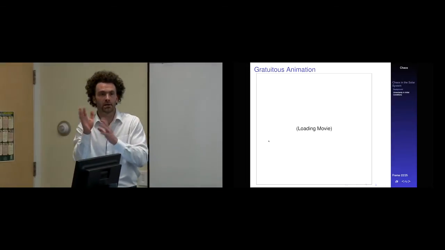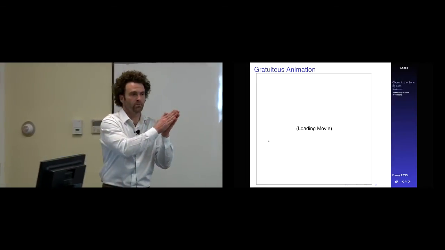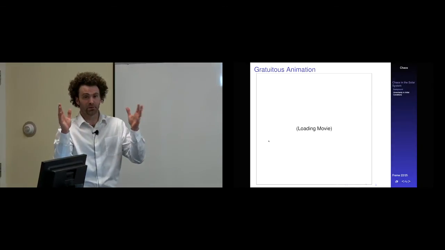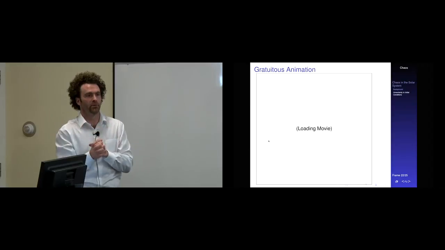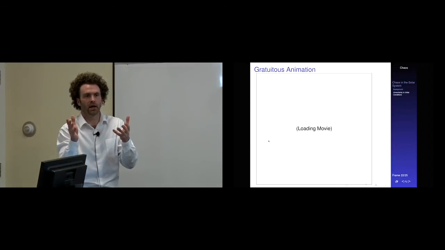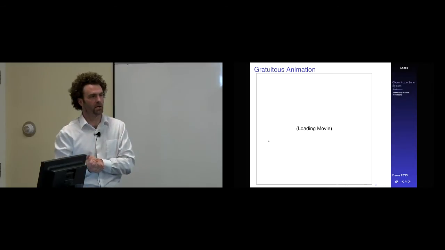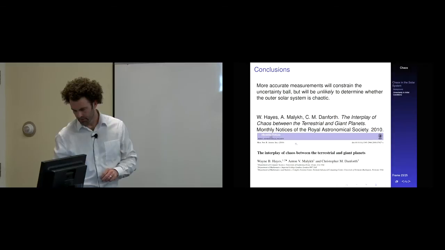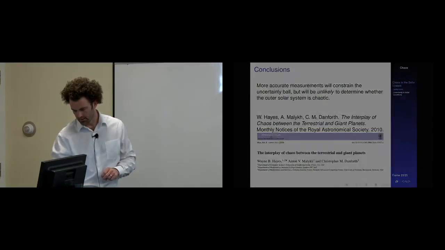And maybe as JPL gets better measurements, we'll find that we're in one of those spots. Or maybe, more likely, because this is what tends to happen in the world, we'll be near one of these boundaries and end up with a state where we can't tell whether it's chaotic or stable. There's a paper about this if you want to know more about the details. It was a lot of fun.